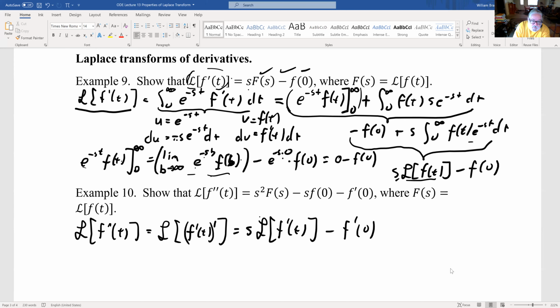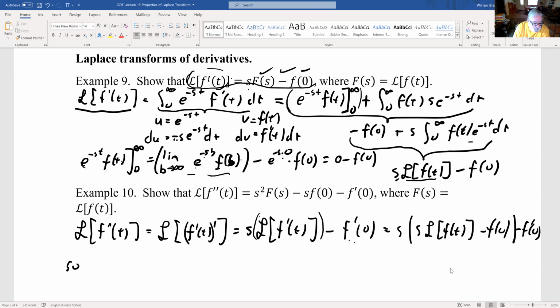Just taking this formula here and replacing the f prime by an f double prime and the f by an f prime. Well, we know what the Laplace transform of that is because we just calculated that. That's s times s Laplace transform of f of t minus f of 0, and then minus this f prime of 0 that's here.